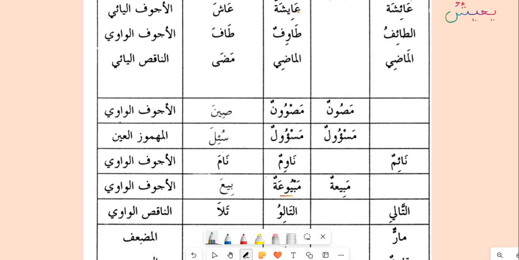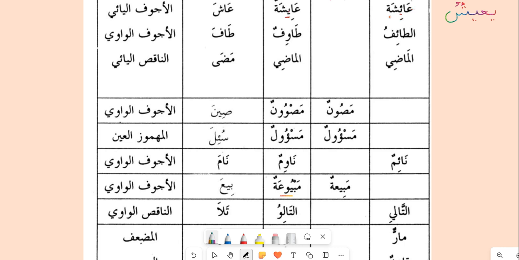And this is a'ishatun, and this ya is changed to Hamza. This has been done by the Arabs before. So whatever the structure is, we simply follow what they have done. So the ya changes to Hamza.